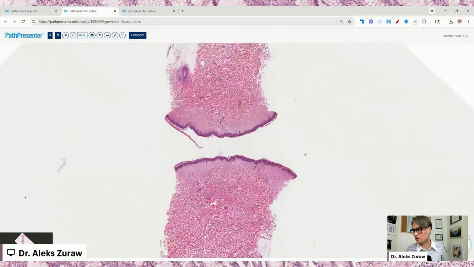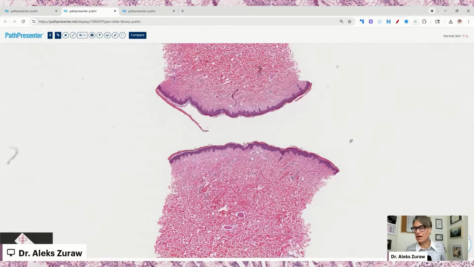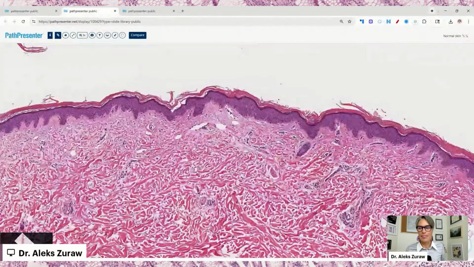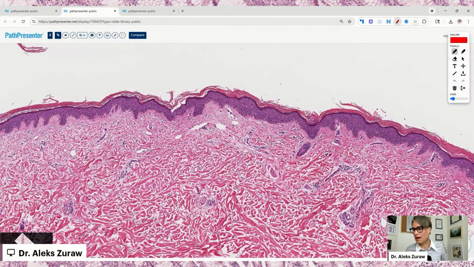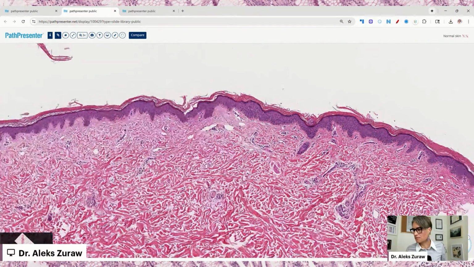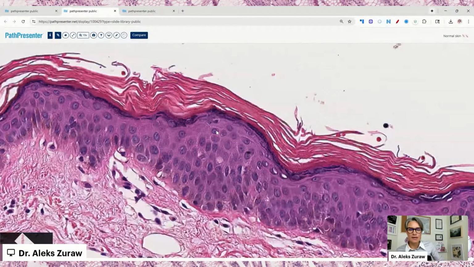So let's have a closer look from the outside to the inside. And this is our epidermis, all this dark part. An epidermis consists, this is our barrier.